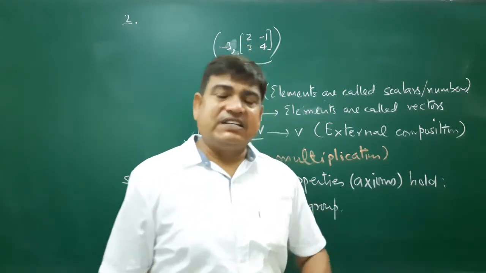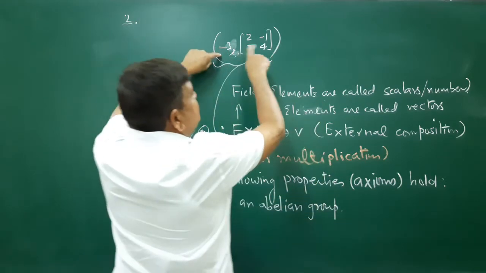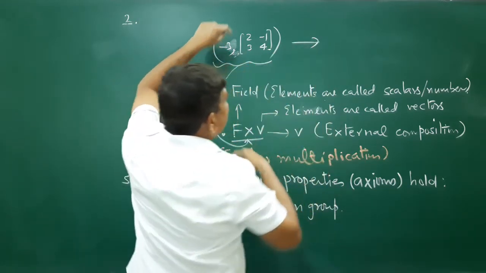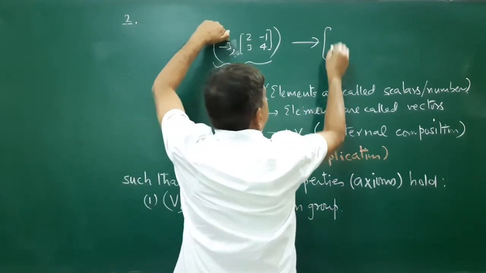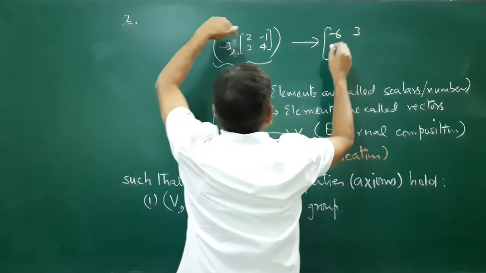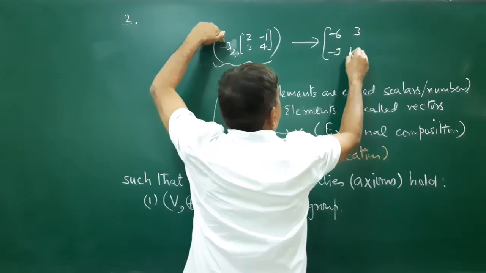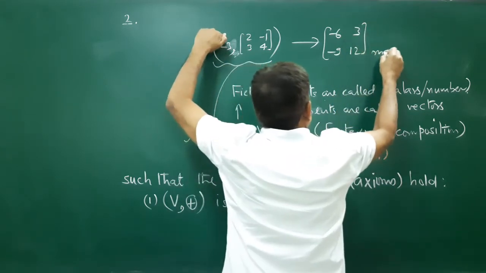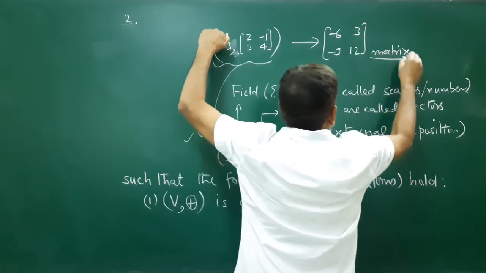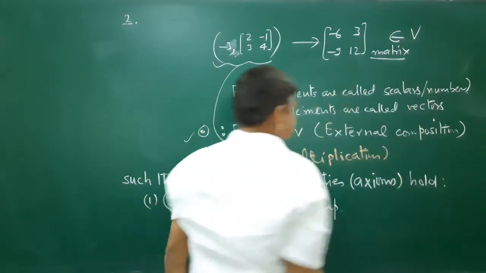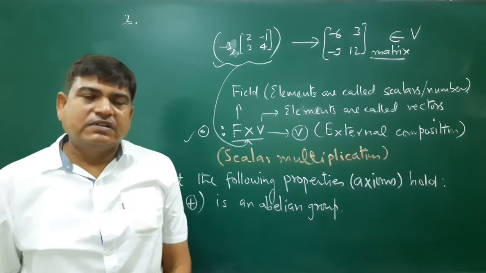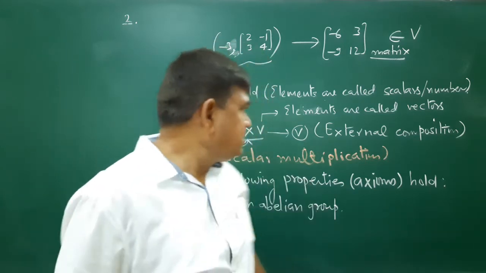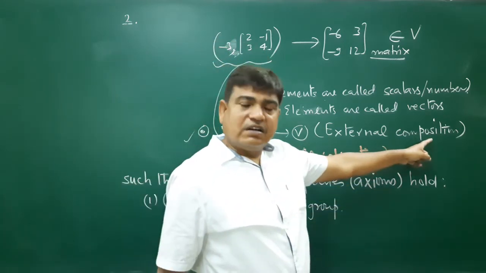And you people know that if we multiply these two, then every element of the matrix will be multiplied by this. So the answer is minus 6, 3, minus 9 and 12. Again, this is a matrix and this belongs to V. This is known as external composition.